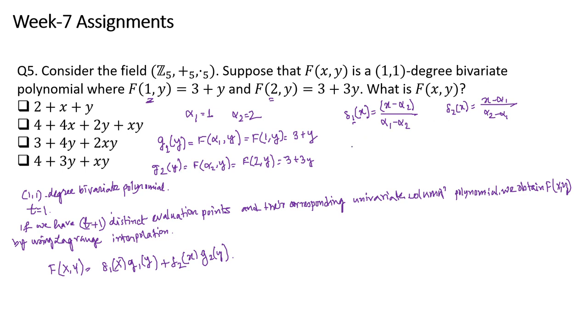interpolation coefficients are computed. So we put the values, alpha 2 is 2, alpha 1 is 1.